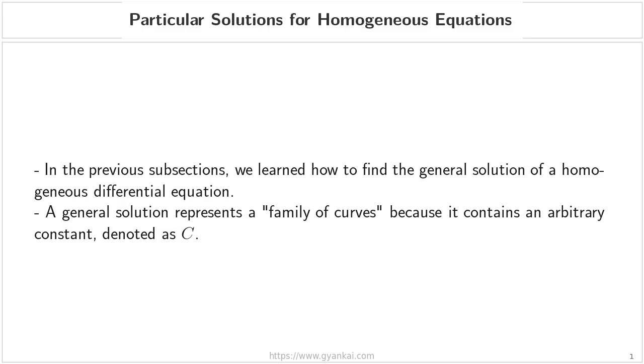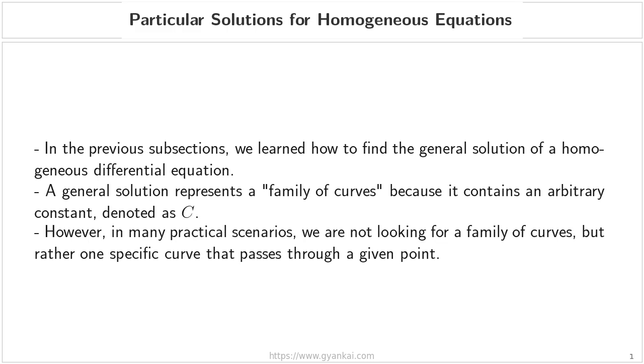Depending on what value C takes, you get a different curve, and together they form a whole collection of possible paths. However, in the real world, whether you are studying physics, engineering, or even economics, we are rarely interested in every possible path. Usually, we have a specific starting point or a known measurement. We aren't looking for a whole family of curves.